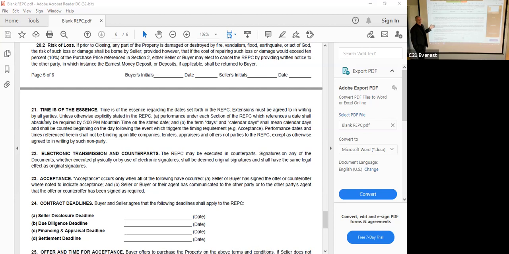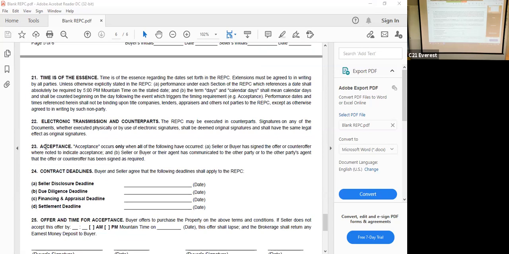And if you put a time in it, well, then that's going to override the time that's in default of the contract. But if they just put a day or a date, then that 5 p.m. is the deadline. Okay. The last two parts we'll talk about is 23 and 24.